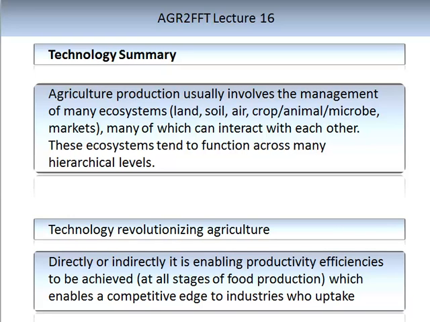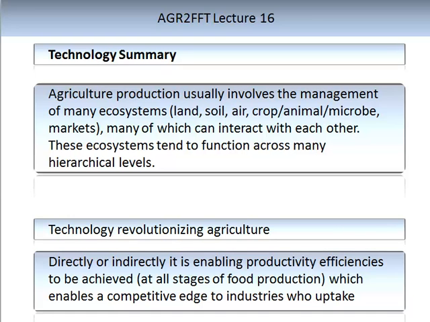These ecosystems can involve management of land, the soil, the air, the crop, the animal, microbes, and commercial markets. Many of these ecosystems interact with each other, and many tend to function across many hierarchical levels. This means there are great complexities in successful agricultural production.